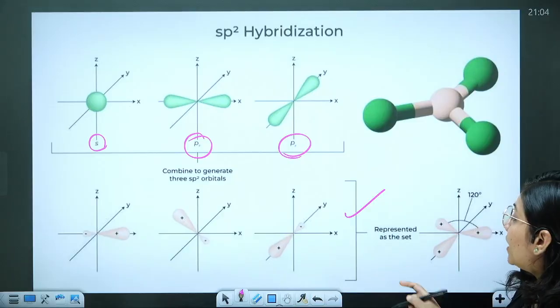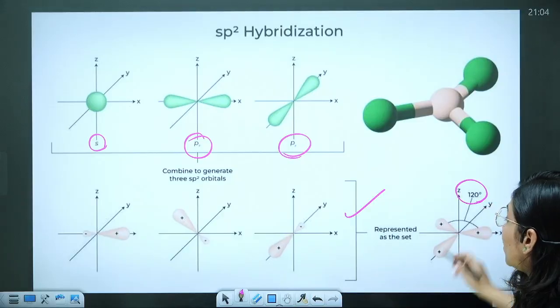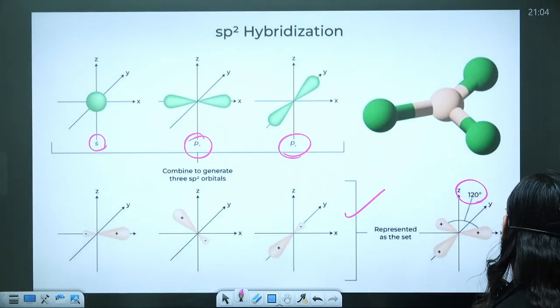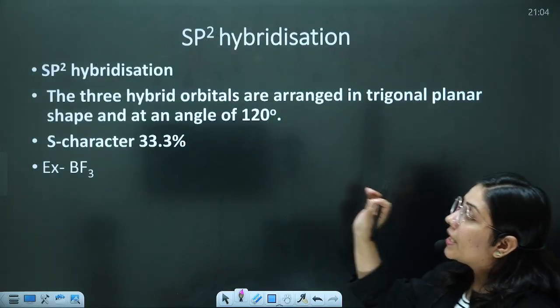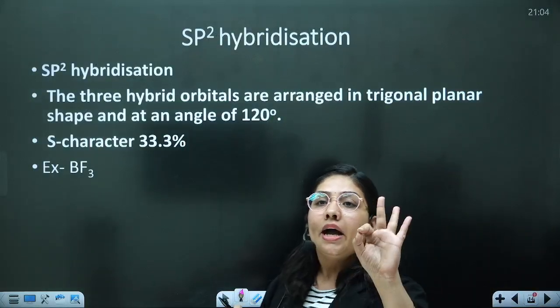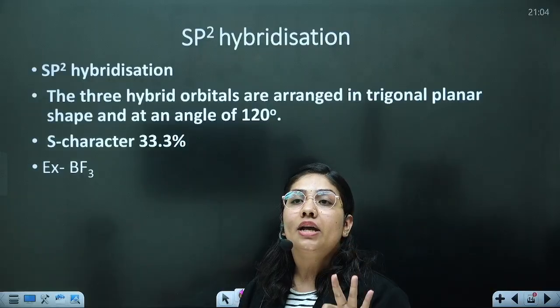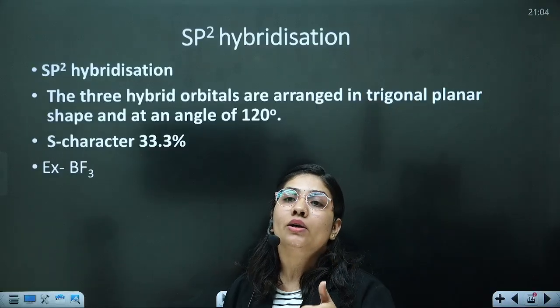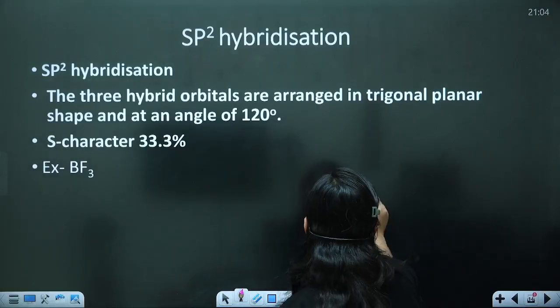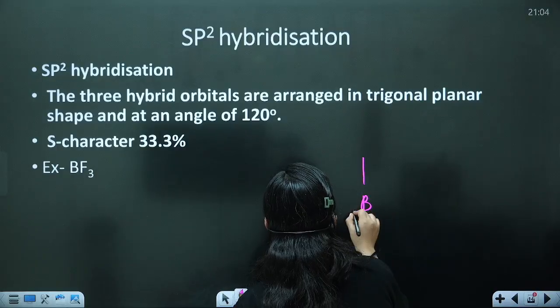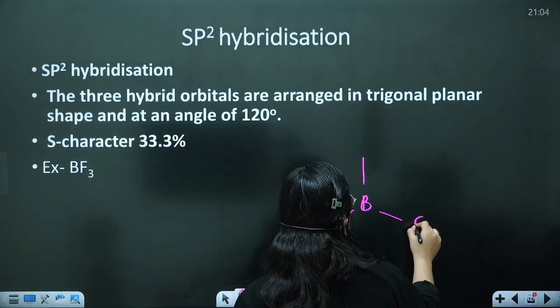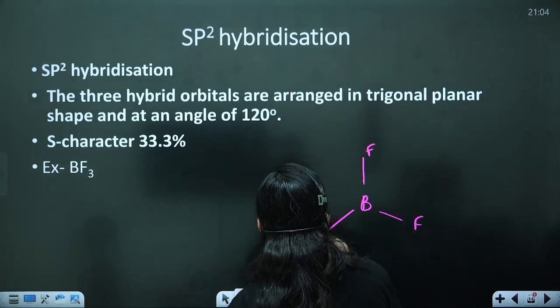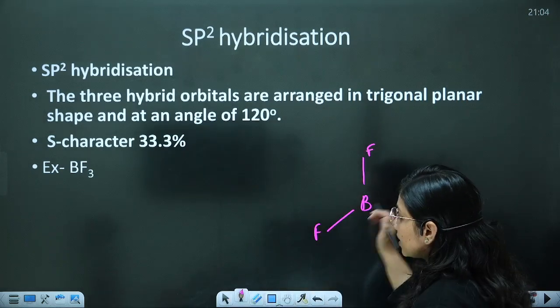Okay, here the bond angle is 120 degree. And what are the other features? Let's see. In sp2 hybridization, 3 hybrid orbitals are arranged in trigonal planar shape at an angle of 120 degree. Let's have an example of BF3. We will be forming 3 sigma bonds with F. They will be arranged in such a pattern.